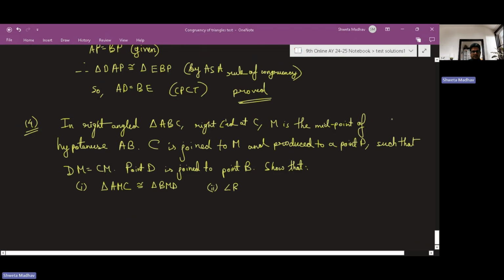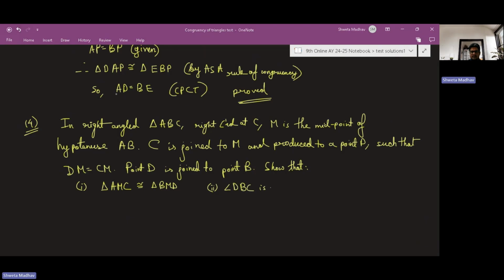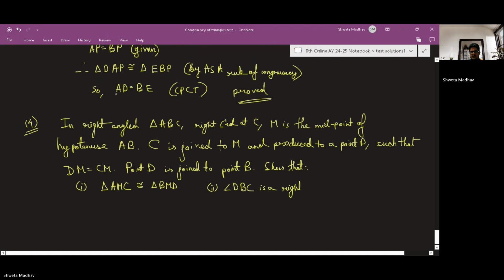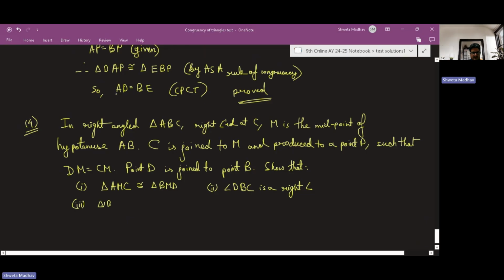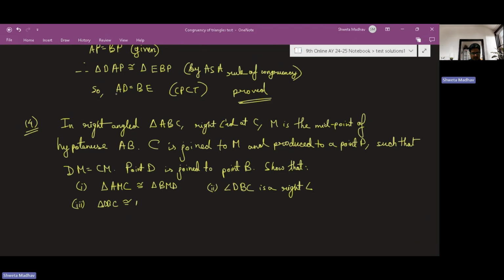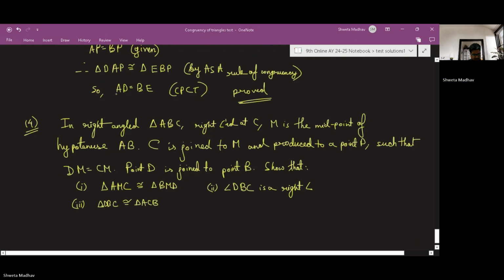Second is angle DBC is a right angle. Third is triangle DBC is congruent to triangle ACD. Fourth is CM is equal to half of AB.